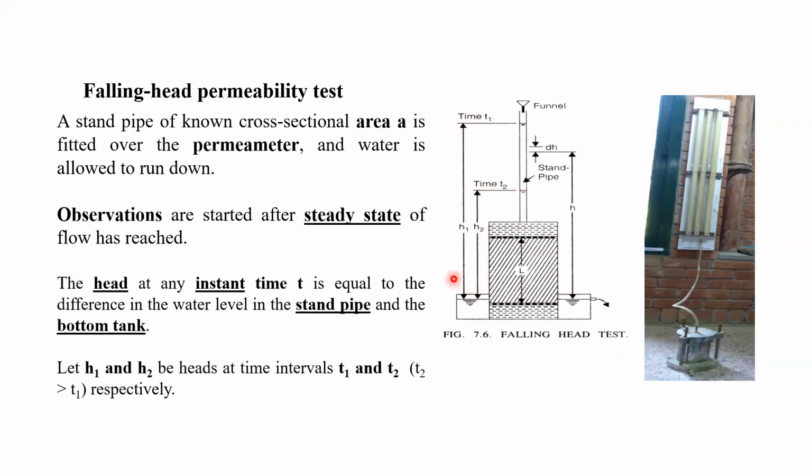This is the H1 height, at time T1, and at H2 height, time is T2. This amount of water is going to be stored in this beaker. Definitely T2 will be greater than T1.